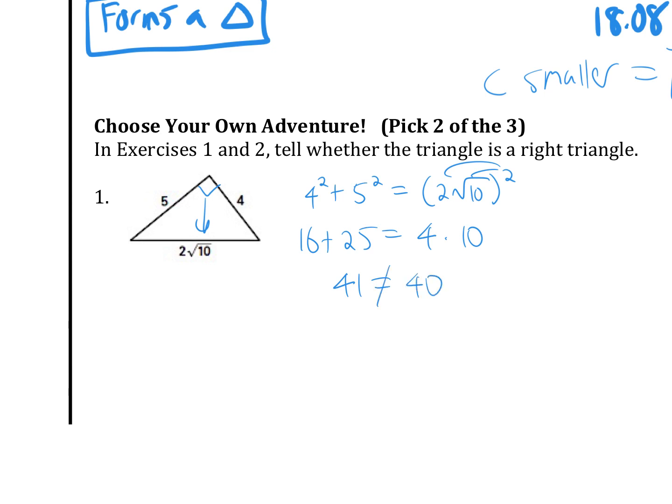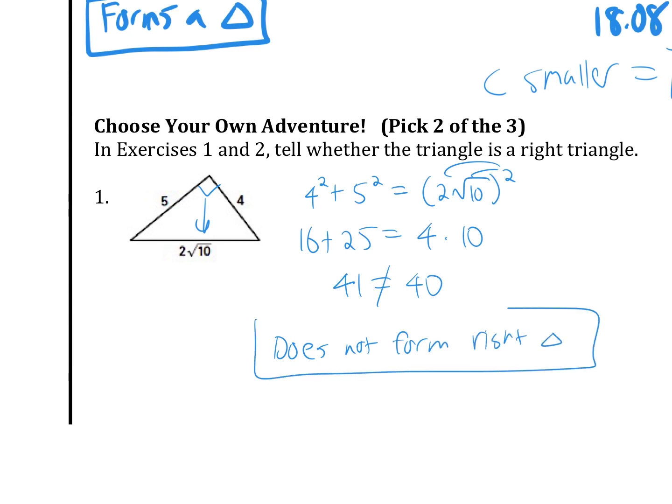This is not true. Does it form a right triangle? No, does not form a right triangle. Okay, it has to be equal for it to be a right triangle. But what kind of triangle would this be? Well, if C is smaller, this is actually going to be an acute triangle. Okay, it's going to be an acute triangle, because C is smaller. Okay?